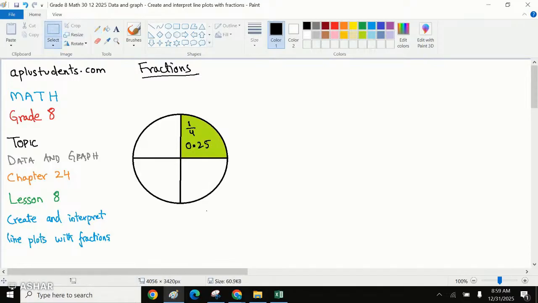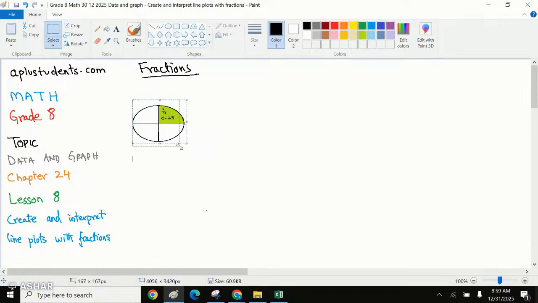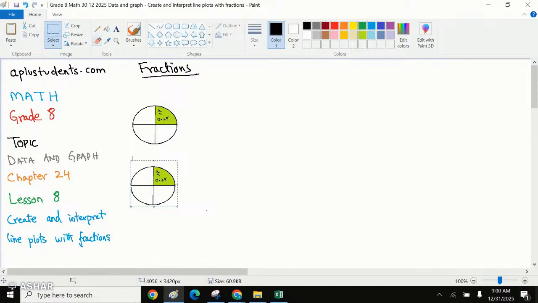Now in the next copy, if we have 2 regions shaded, that means the total shading is 2 out of 4, which can also be written as 1 upon 2, or half, 0.50.